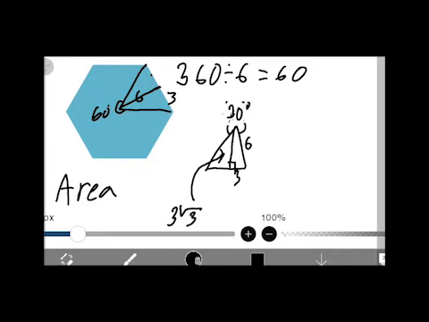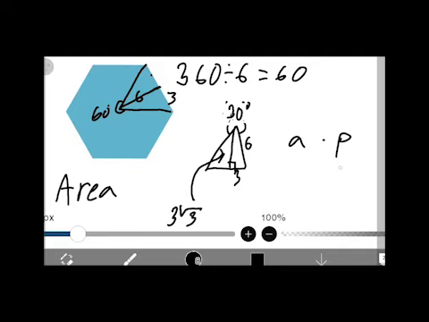Now, if you look closely, you'll notice that the 3 times the square root of 3, that's the apothem right there. Now, before you go to your calculator and punch it in, just remember, you don't necessarily have to do that. All we need is apothem times perimeter.